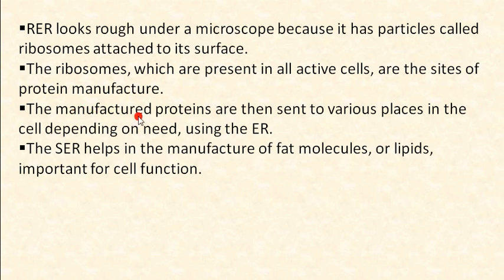The manufactured proteins are then sent to various places in the cell depending on the need. Proteins are very necessary to our cell and our body. That's why protein manufacturing is very important in the cell, and different proteins have different functions. For example, there are proteins which help in our body's cell activities, like in our WBC, RBC.